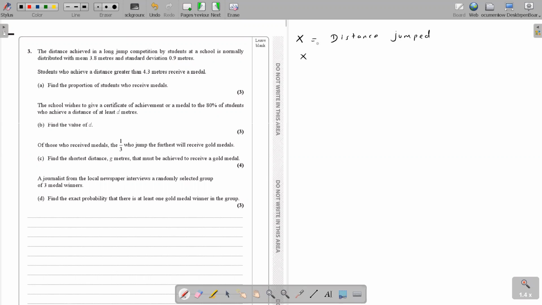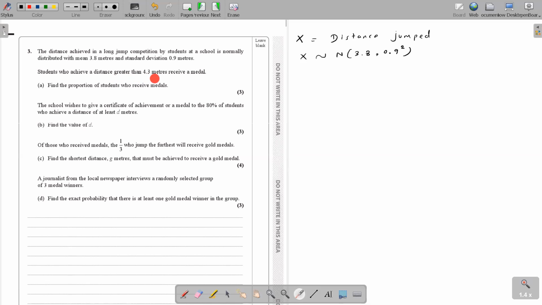X follows a normal distribution with mean 3.8 and standard deviation 0.9. Remember, when you write the distribution, you write the variance, so 3.8 comma 0.9 squared.